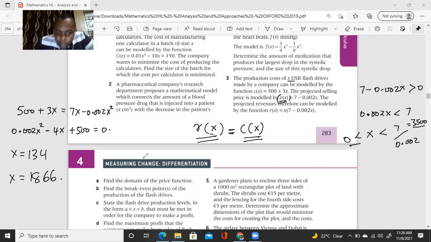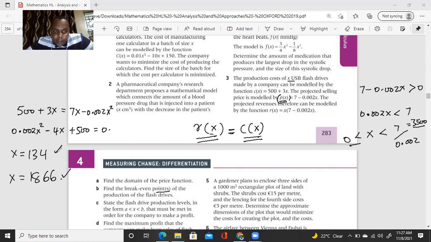Break-even points. Oh, so they're allowing us to find two of them. Let me see what I get. Yeah, I'm getting the same thing, 134 and 1866. And both of them are within range, right?